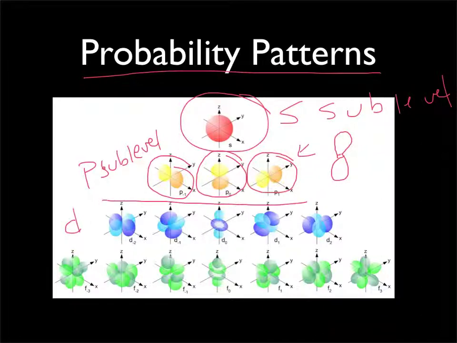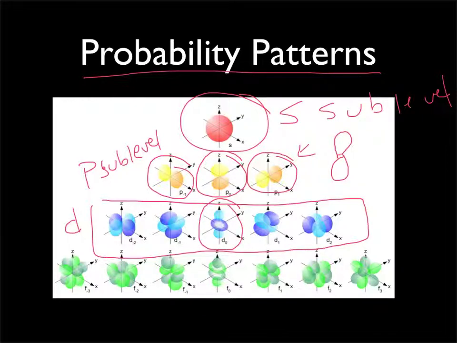This is the D sublevel. And notice that they're starting to get kind of weird. We've got kind of double dumbbell shapes. And then we got some weird thing right here. It looks like a dumbbell with a donut. And remember, all this stuff's going around one nucleus. You've got the S, you've got the P, you got the D. And then when you get to the F, they get really weird.